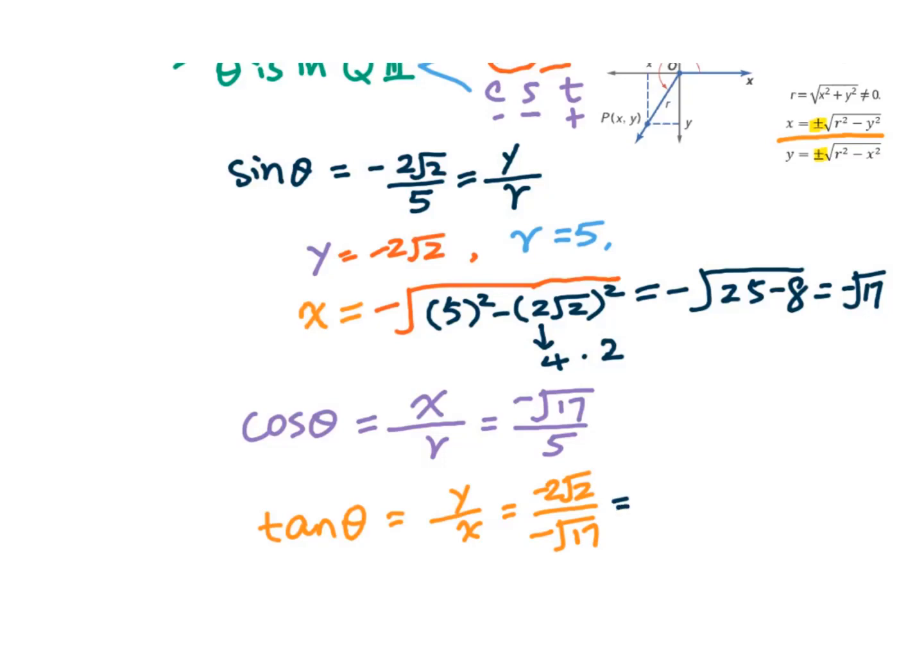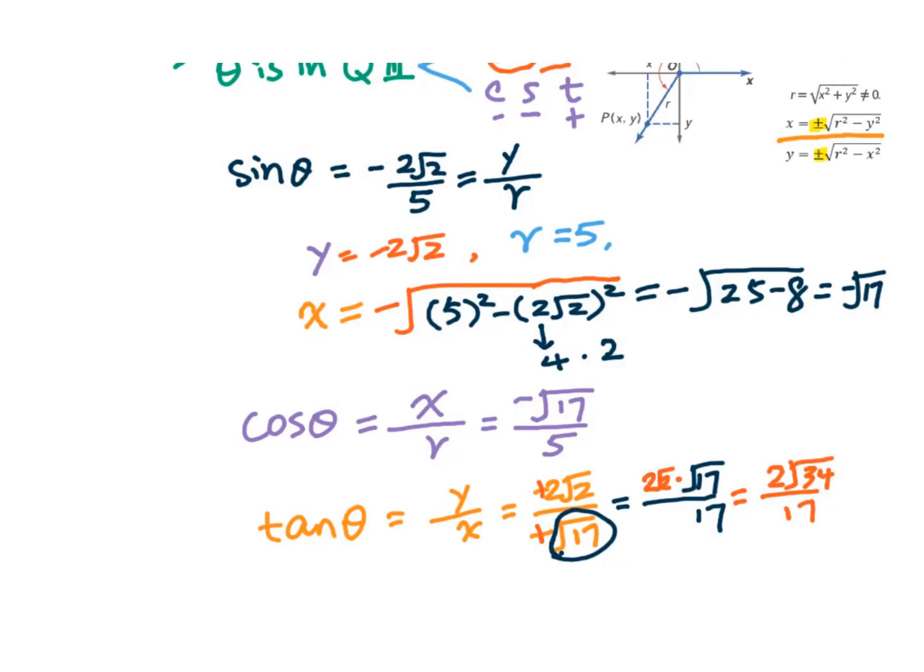Rationalizing square root of 17, we get square root of 17 over 17. Negative, negative is a positive. Then 2 square root of 2 carries on, so we get 2 square root of 34 over 17. Square root of 34 is simplified; you cannot do anything more with that.